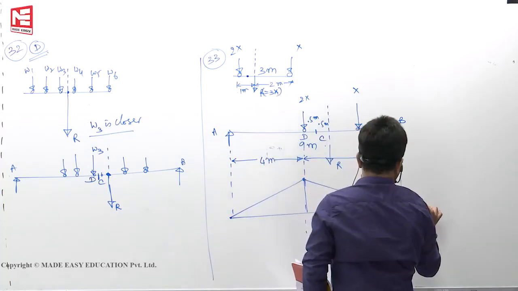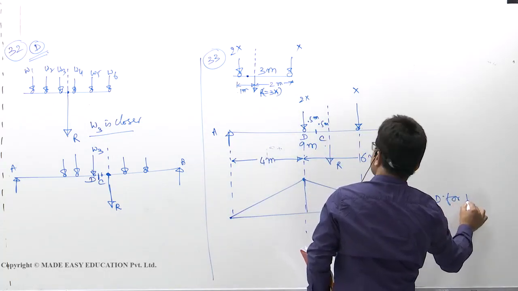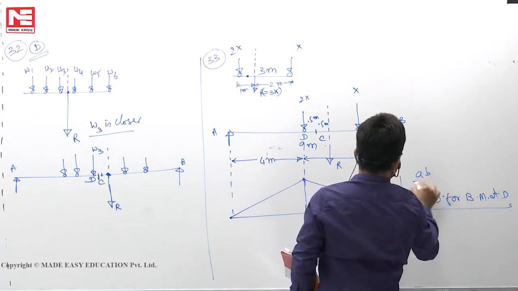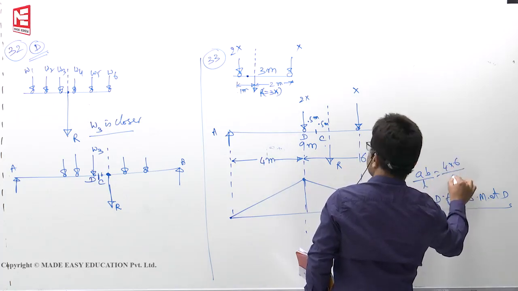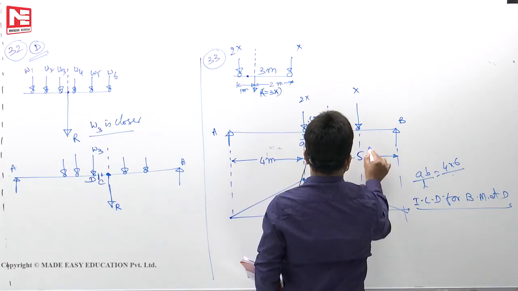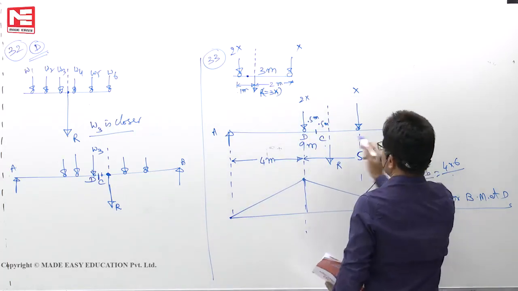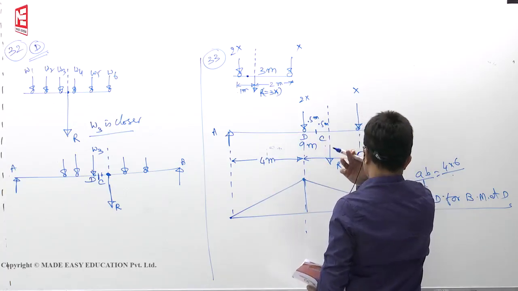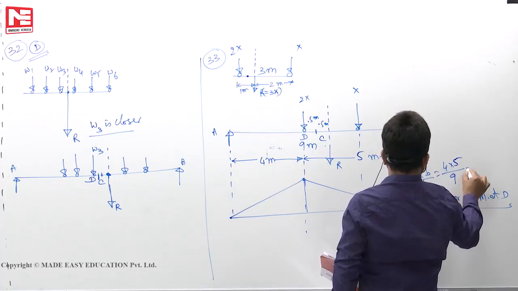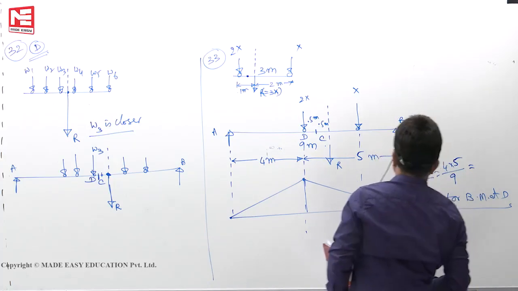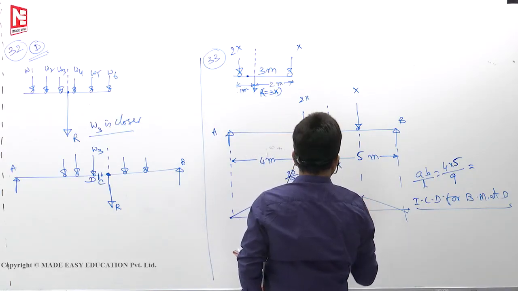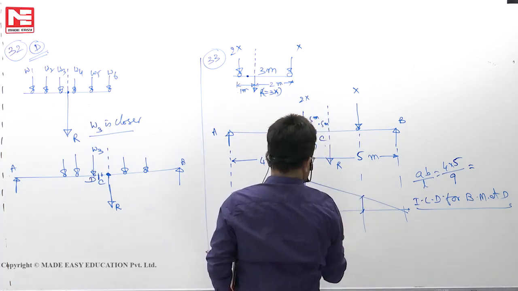ILD ordinate, this is ILD for bending moment at D. AB by L: A means 4, B is 6 by length, no, B is 5, because 4.5 plus 0.5, 5 meters. So 4 into 5 by 9, so 20 by 9. Now here how much? This is 3 meters. This is 5 meters.